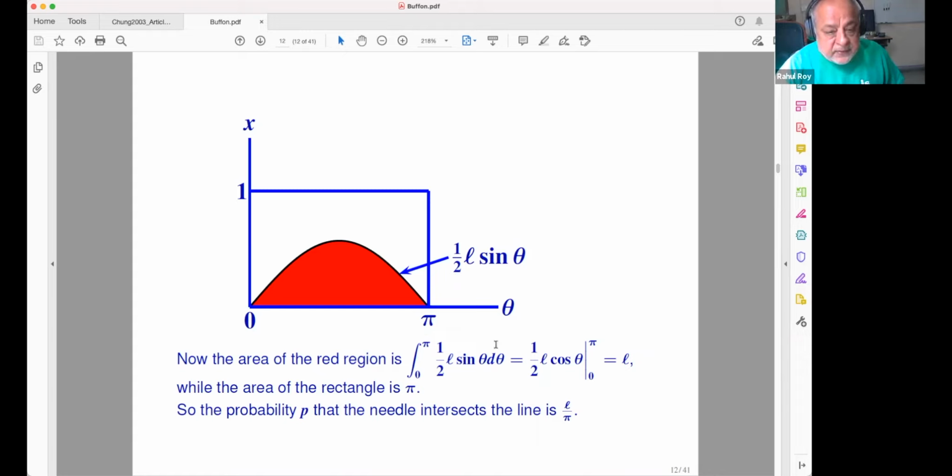And that's very simple to calculate, and you will see that this is nothing but L. So the probability P that the needle intersects the line is the area L divided by the area of this rectangle, which is L over pi.